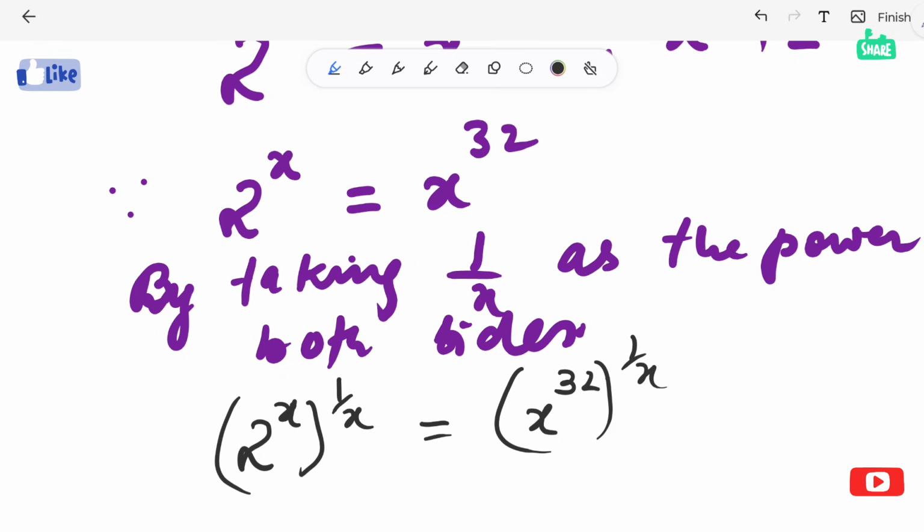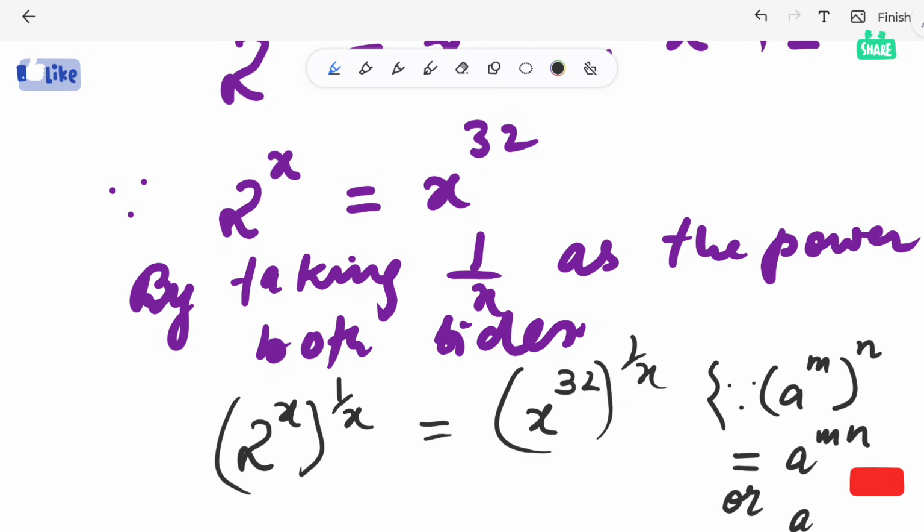Now what will happen? We know a very important exponential formula: a to the power m, which also has power n, can be written as a to the power of both the powers multiplied with each other, or we can interchange the powers of the exponent.